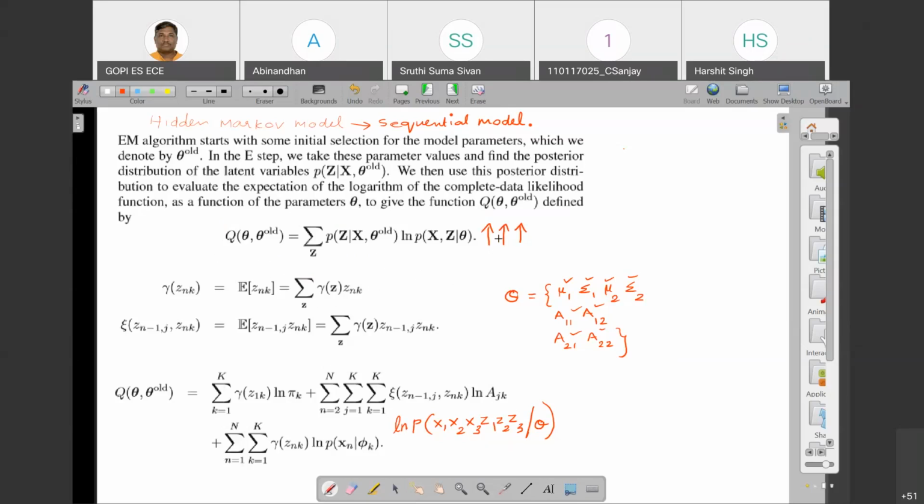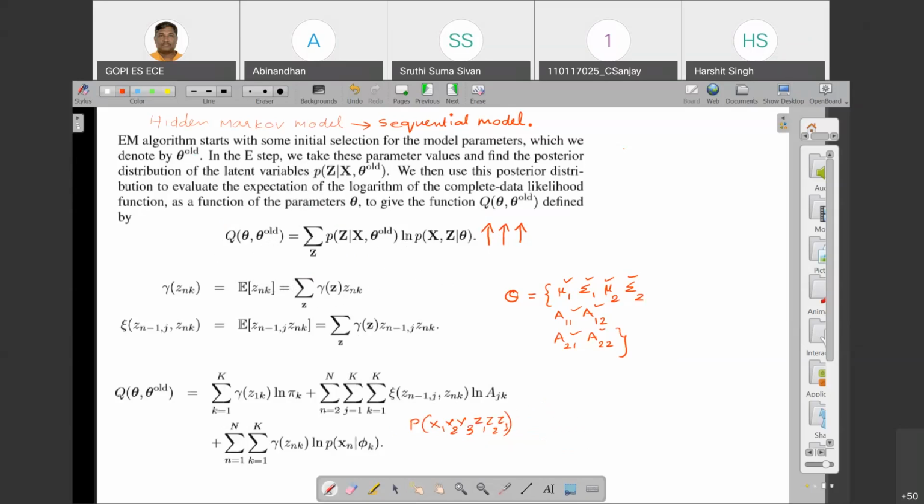And what we did was we represented this P of X comma Z using the expanded version. You may just recollect quickly what we did. Of course, we have X1, X2, X3, Z1, Z2, Z3.